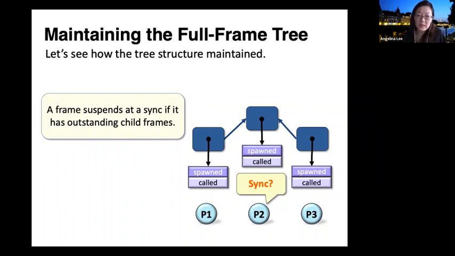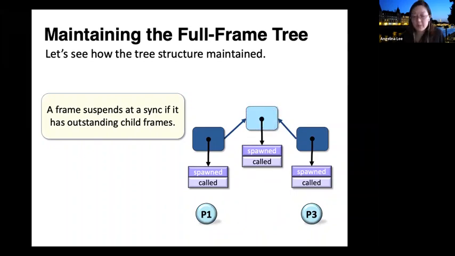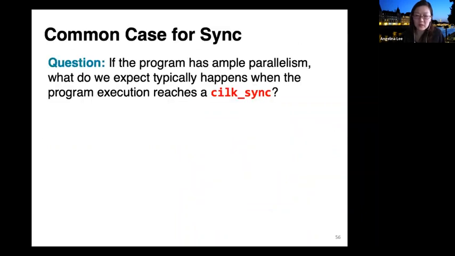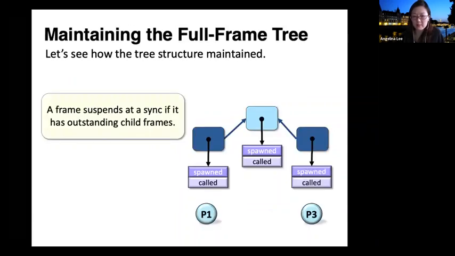We know P2 is not ready to sync yet, and so P2 has to basically suspend this particular frame. Okay, and now P2, because it's out of work to do, goes and work-steals to find more work to do. And so that's basically how the runtime system builds up the full frame tree.